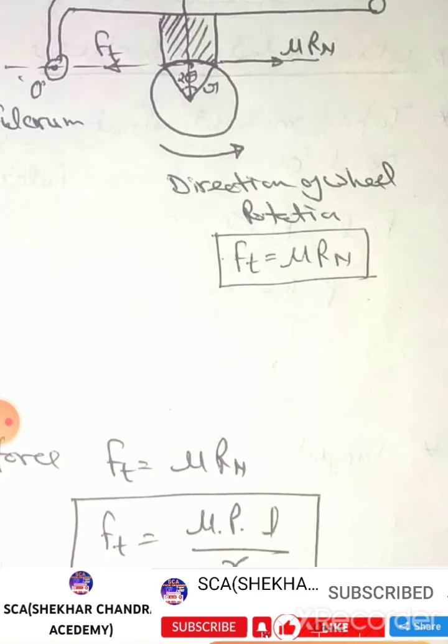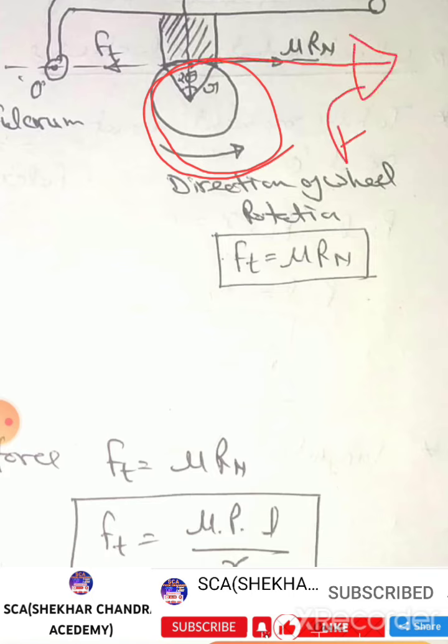In the previous case, the wheel rotates in clockwise direction and tangential force is towards the right side, and frictional force is on the left side, that is equal to mu Rn.